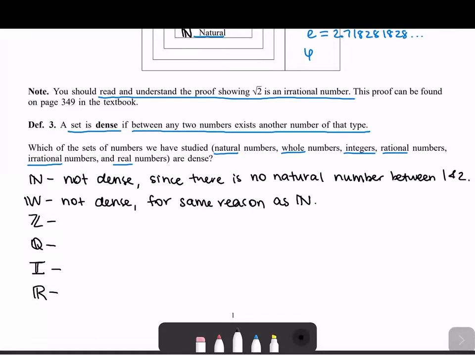Again, we can look at 1 and 2 as integers. And the integers, well, there's no integer between 1 and 2. So again, the integers are not dense for the same reason as the natural numbers. And we saw this whenever we were talking about the notion of closure. We looked at 2 minus 3, or 2 over 3, right?